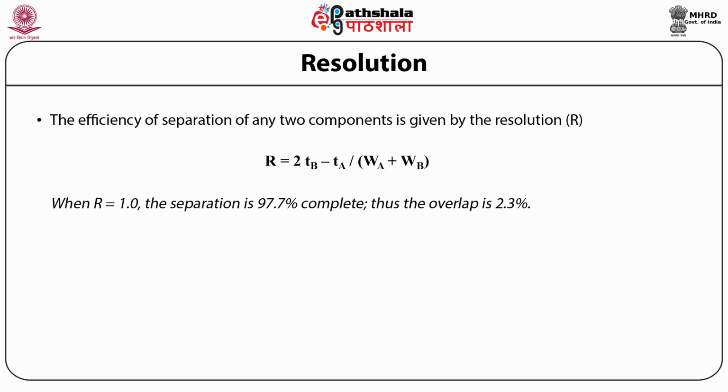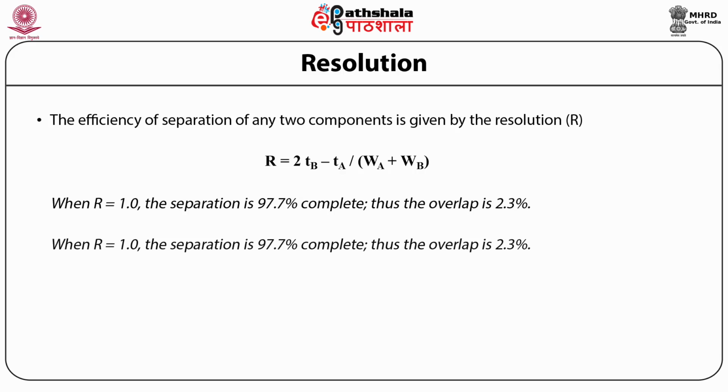Thus, the overlap of the peak is only 2.3%. Whereas, if the value of R is about 1.5, the overlap is reduced to 0.2%. Unresolved peaks are also called fused peaks.